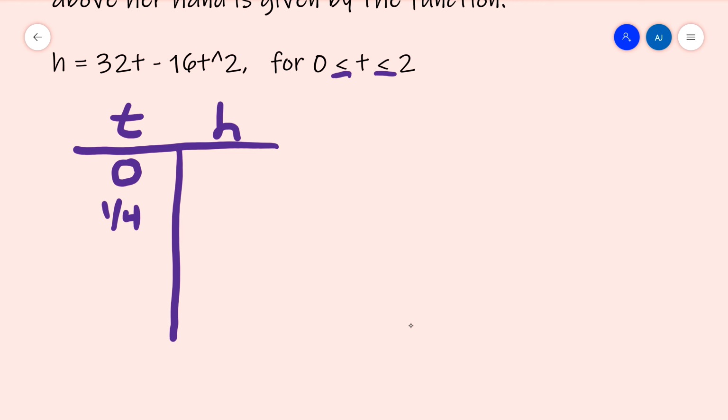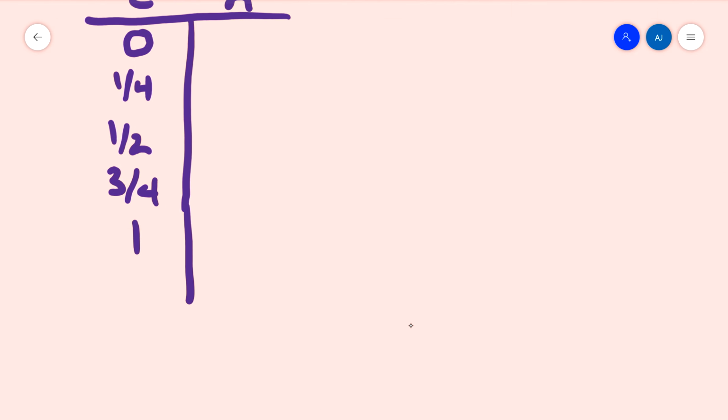When t equals 1/2, what will h be? Next will be 3/4, all quarter-second intervals. What will h be? How about after 1 second? Looks like I've got to keep going here till I get to 2.